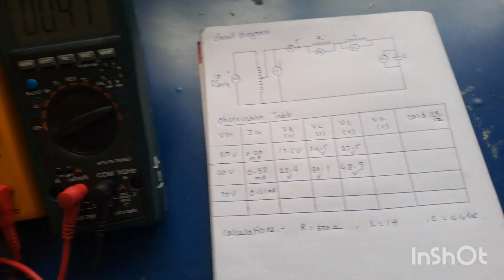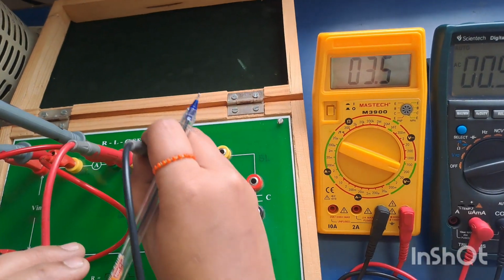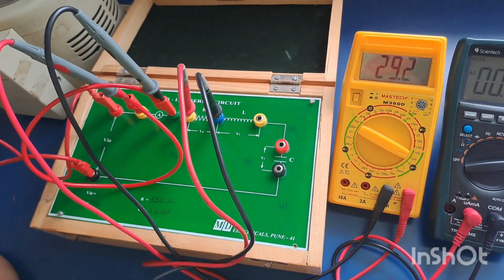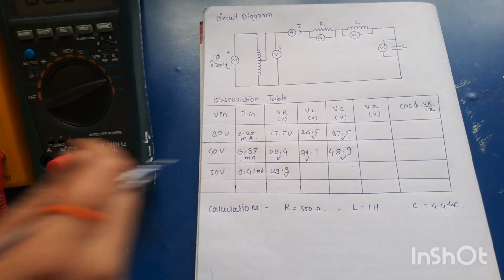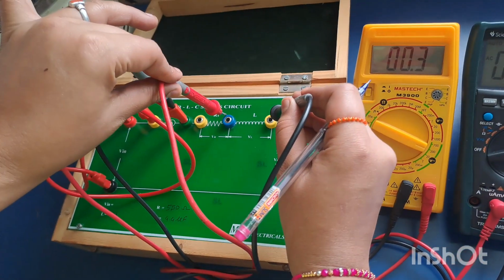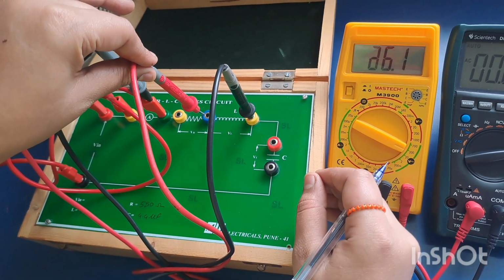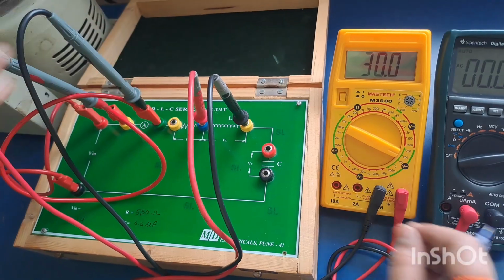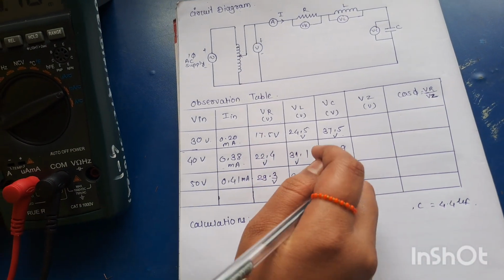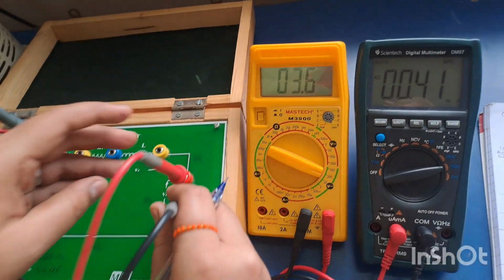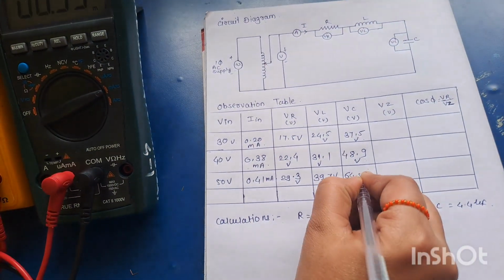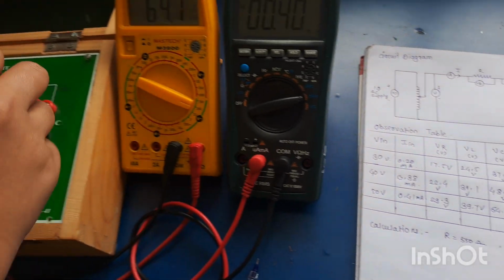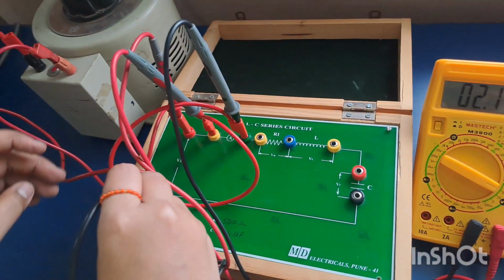Now measure the voltage across resistor, which is 29.3 volt. Now measure the voltage across inductor, which is 39.7 volt. Now measure the voltage across capacitor, which is 64.5 volt.